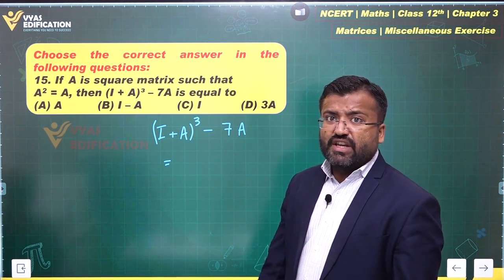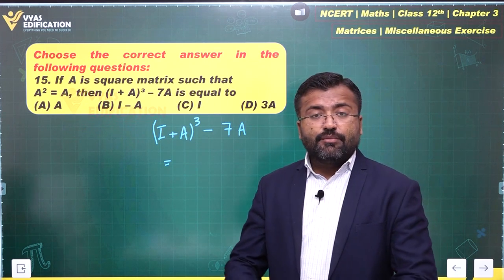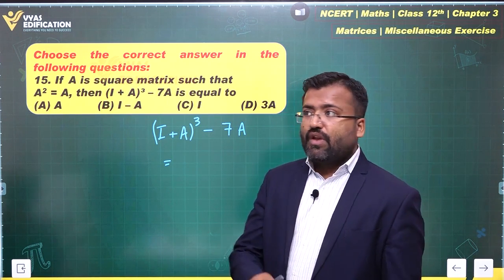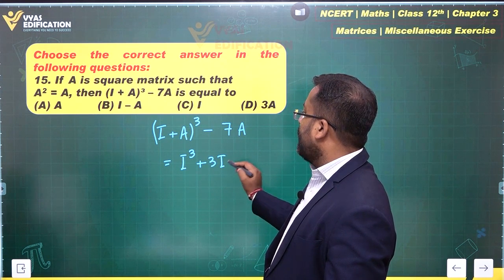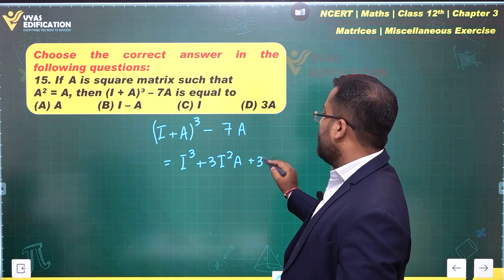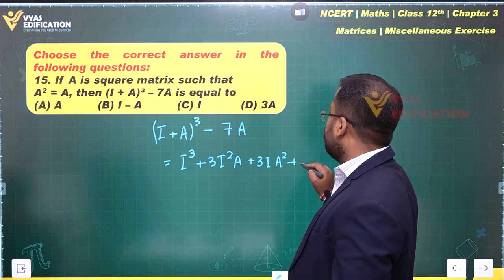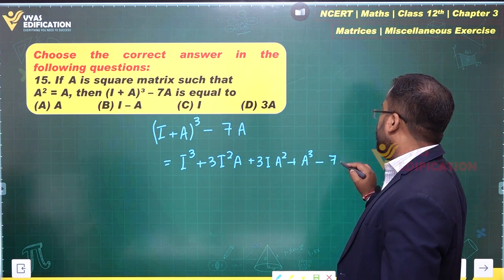I plus A whole power 3 can be expanded. Since I and A are commutative with each other, A is equal to AI. This can be done as I cube plus 3I square A plus 3I A square plus A power 3 minus 7A.